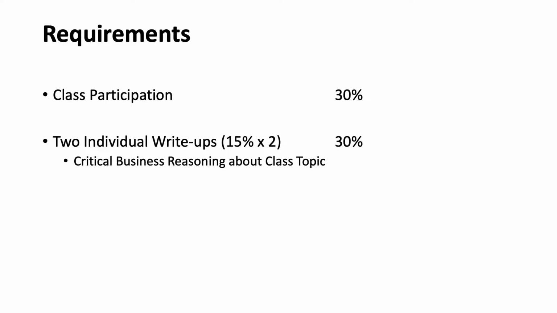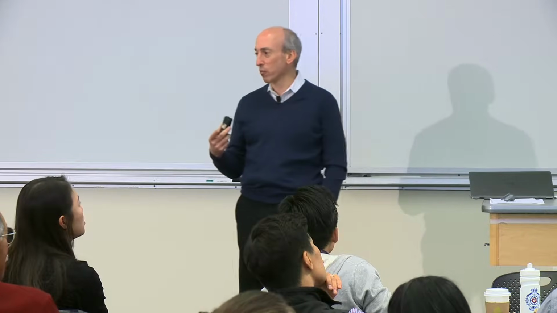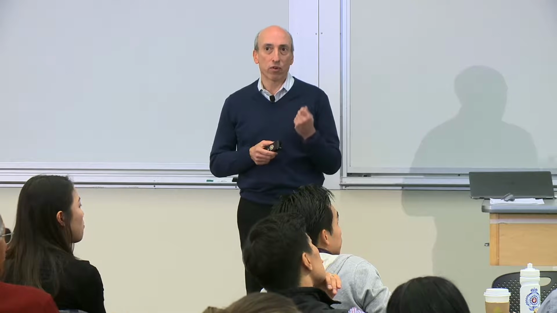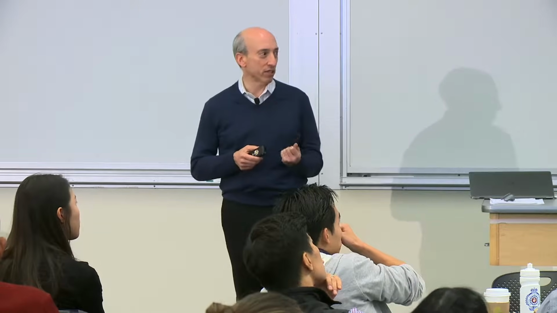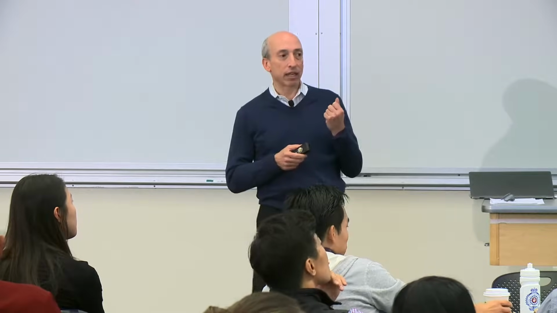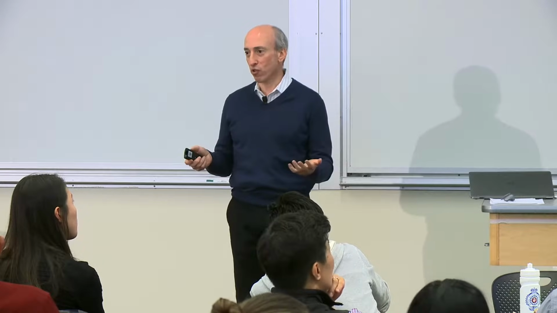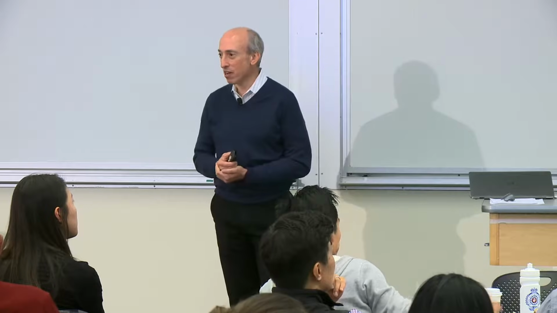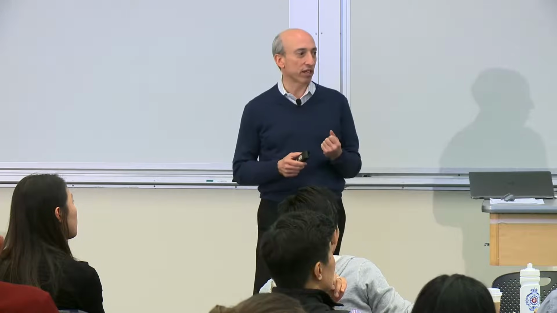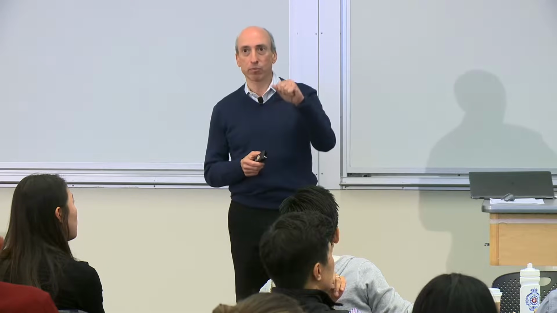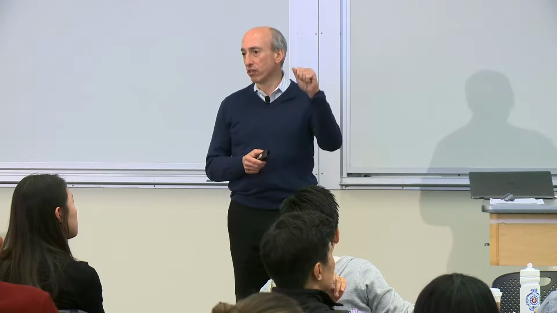The 2 individual write-ups, I think we have 7, but it's quite possible some of you have submitted already. It's just meant to be critical business reasoning. We are in a business school. To the extent you just summarize some readings, I'm sure we'll give you a pass on that, but that's not what I'm looking for. I'm really looking for critical reasoning and thinking from a business perspective of why does this matter?